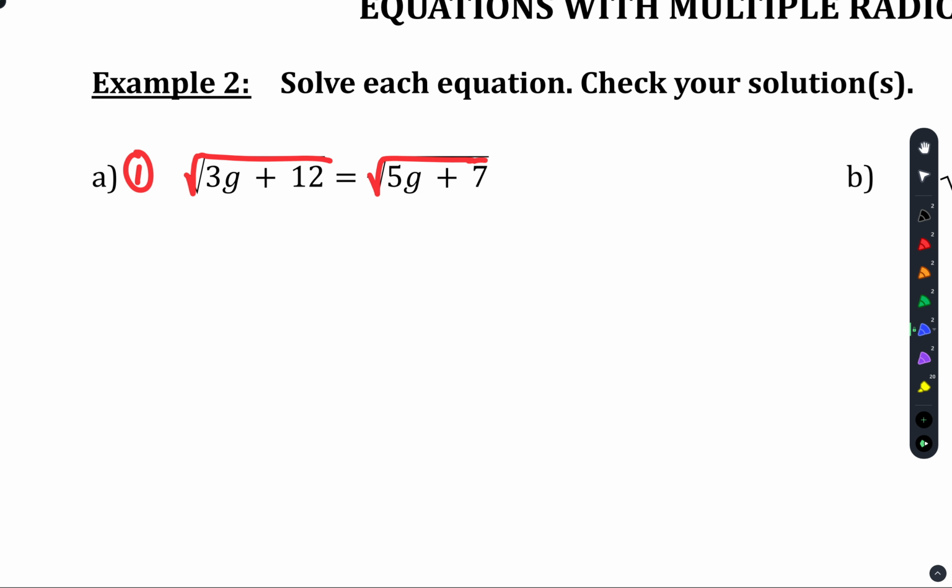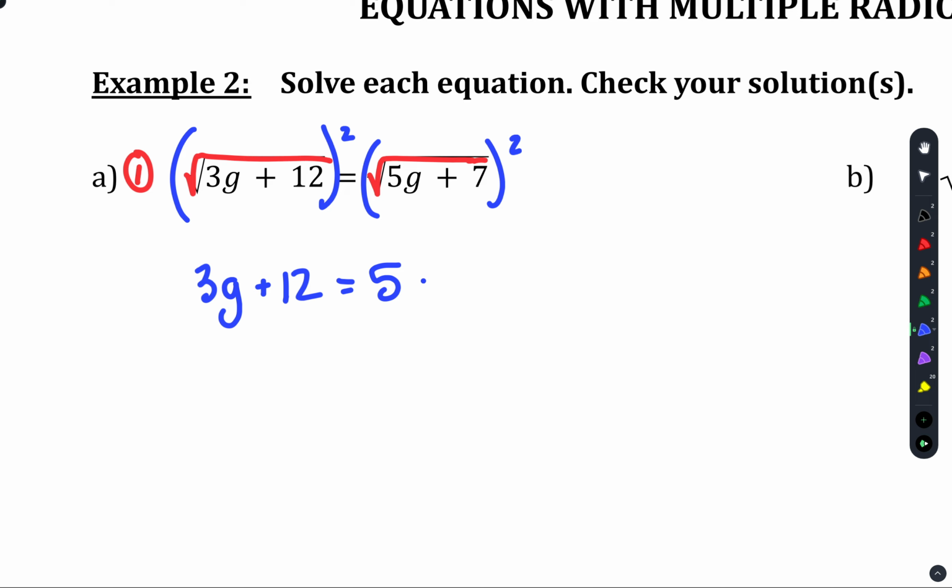Step 2 is to square both sides. If I'm squaring both sides and both sides have radicals, then when I finish squaring them, I should have no more radicals. So this looks like 3g plus 12 equals 5g plus 7.